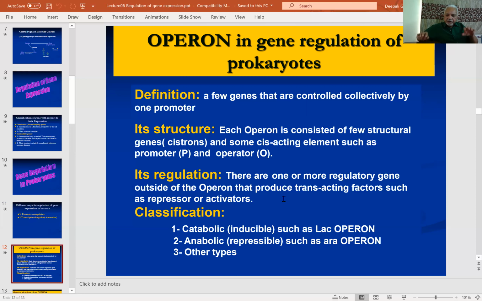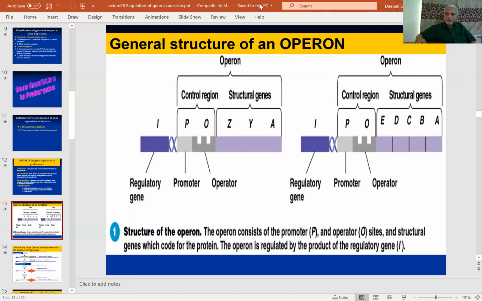And it's regulated by trans-acting repressors or activators. Typically, an operon structure is something like this. You have the structural genes, from here to here, and then this is the control region, which controls the expression of these genes, and it has a promoter and an operator. And then you have regulatory genes, which may produce a repressor or an activator.